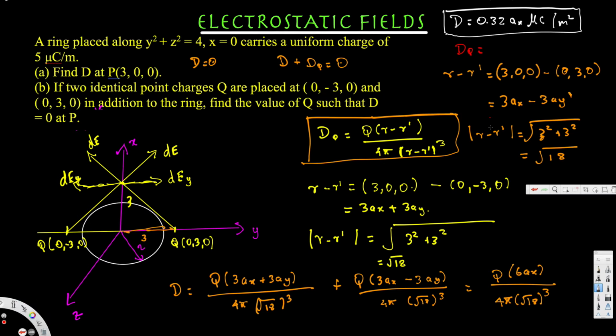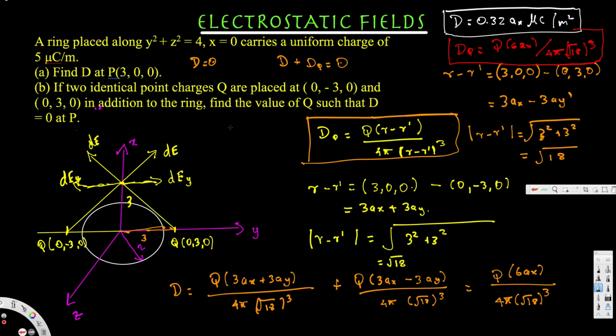DQ we calculated, that is Q times 6ax divided by 45 times square root of 18 cubed. This is the second one. Okay, we calculated D and DQ, so we can find out what the Q value is.